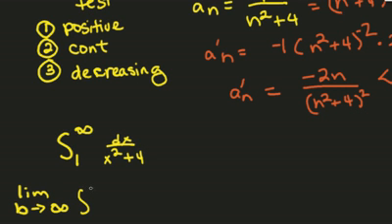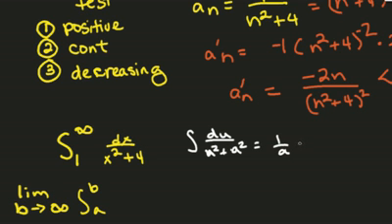Good. So the general formula for this would be this right here. If you have the integral of du over u squared plus a squared, it's 1 over a arctangent u over a. So if you plug into that, then you will get what this student just said.